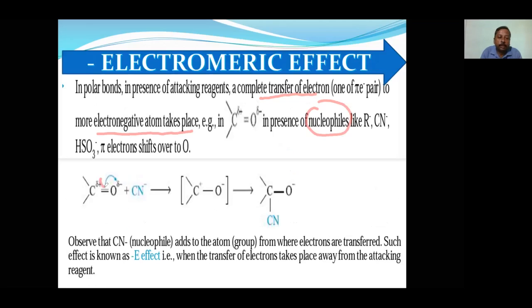See here, electrons are given to oxygen, but the CN is attached to carbon. So both are taking place on adjacent atoms, not on the same one. In the previous condition, we have seen that both take place on the same atom, which is plus E. If they are on adjacent atoms, then it is called minus E. So that takes place with an electrophile, and this takes place with a nucleophile. That is called the minus E effect.